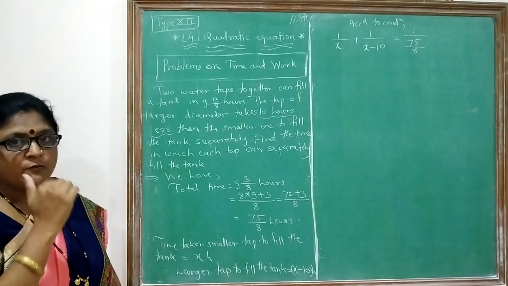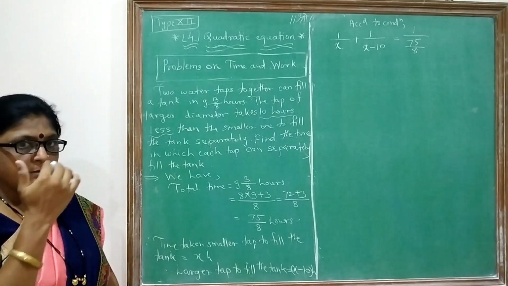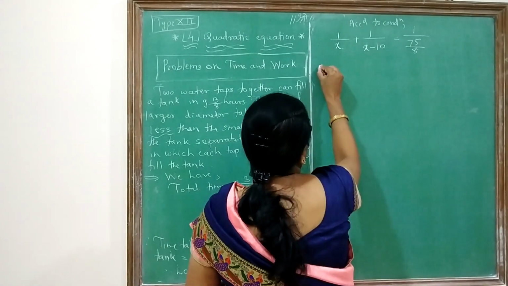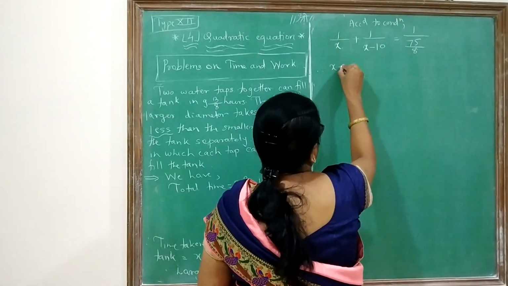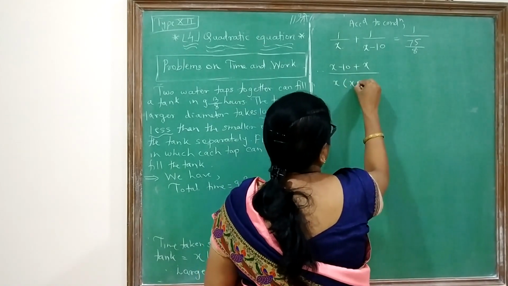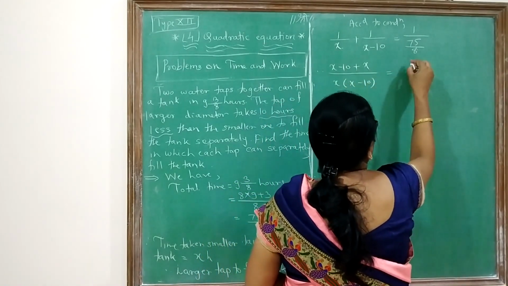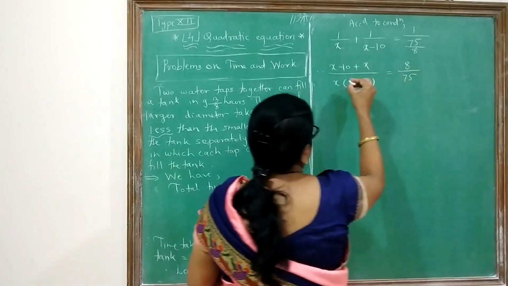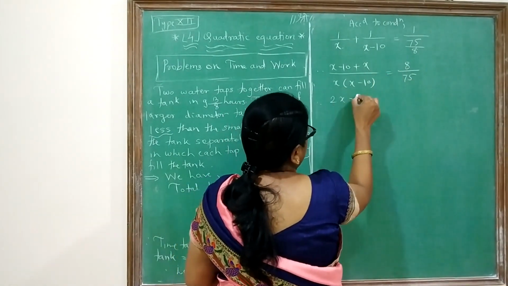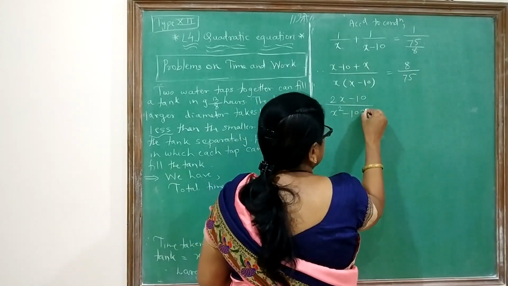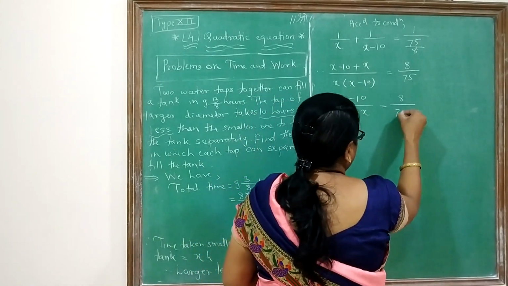Then here 1 upon x plus 1 upon x minus 10 equal to 1 upon 75 divided by 8. Then cross multiply, that is x minus 10 plus x divided by x into x minus 10 equal to 8 upon 75. Here 2x minus 10 divided by x square minus 10x equal to 8 divided by 75.